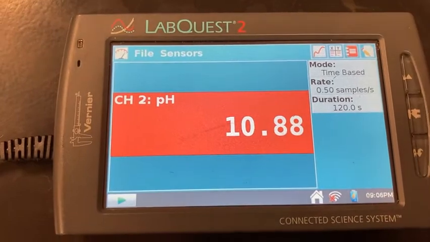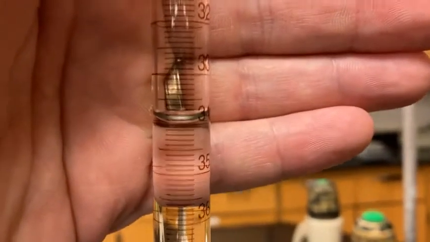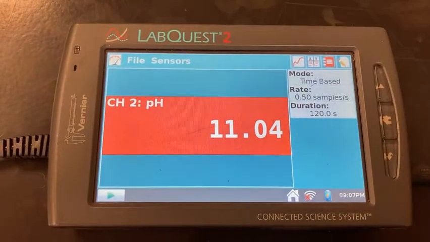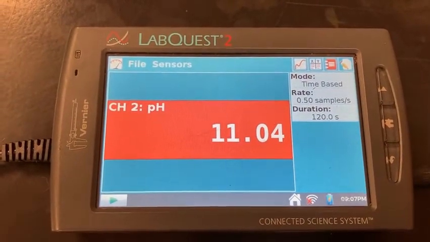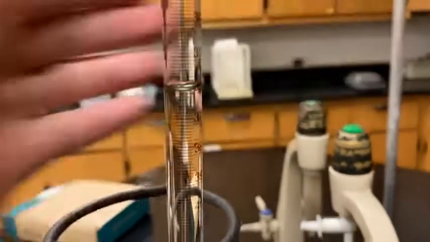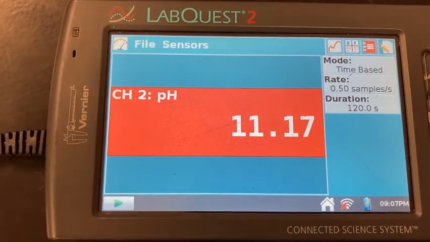We'll take 2 more data sets here. There's our second to last addition where we're at. Here's where our pH is at. And we'll take 1 more. All right, here's our last measurement. And our last pH measurement for that.